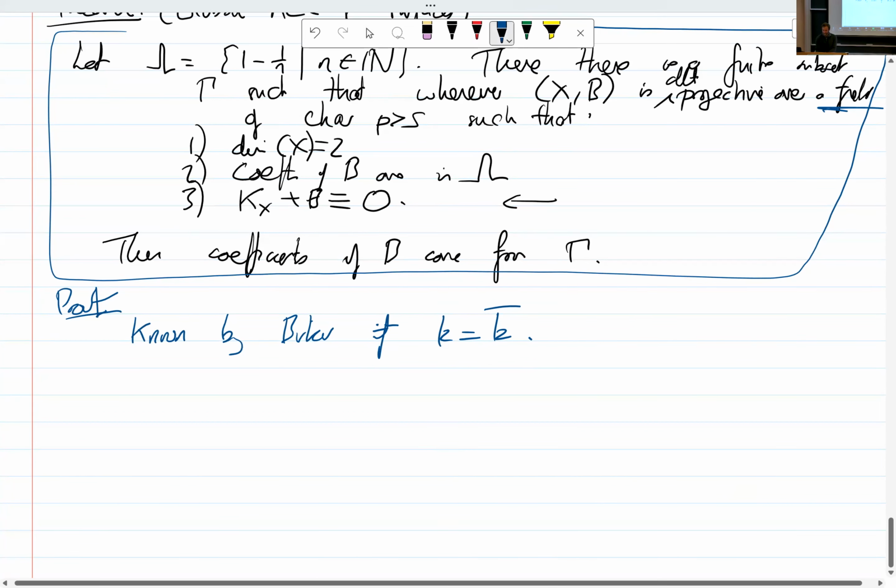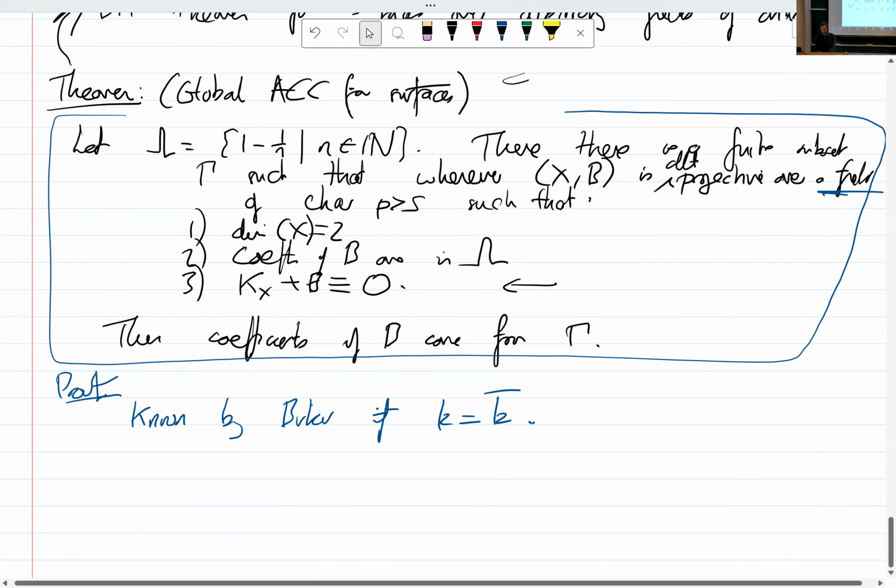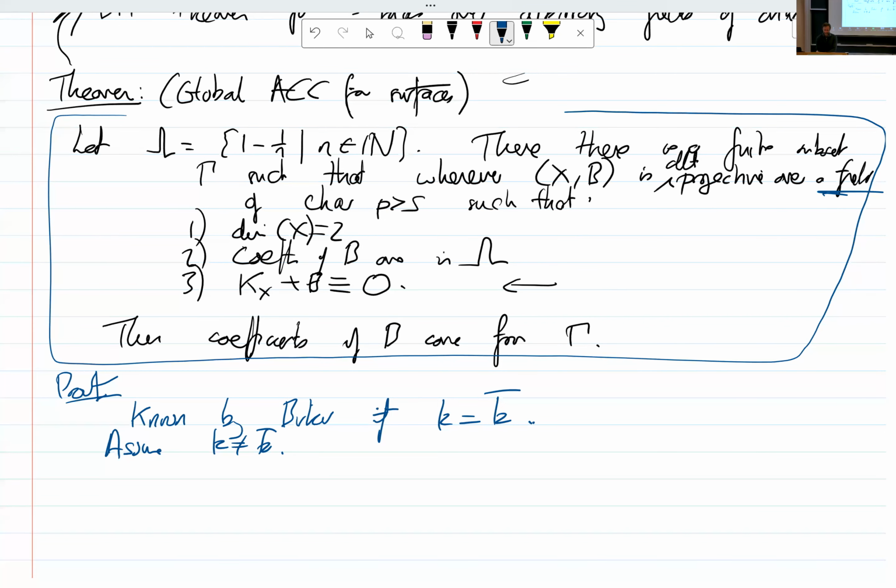So we can assume we're not over k bar. So assume k is not k bar. But we do have a variety over it, so you can take some finitely many equations, defined over finitely many things over k bar.